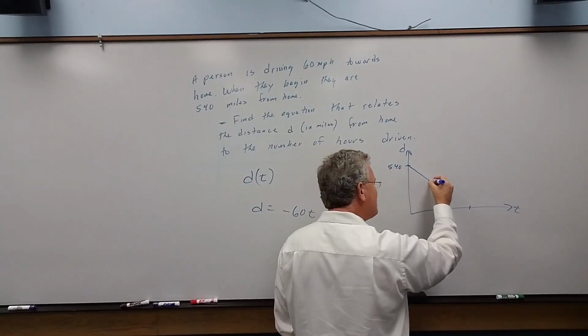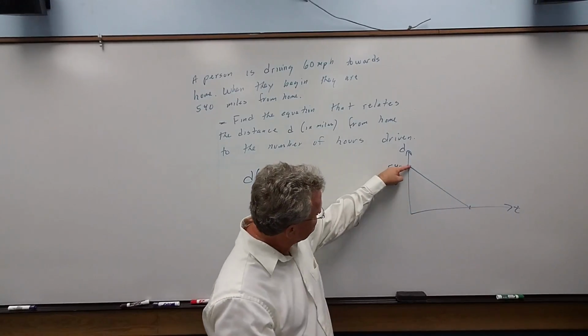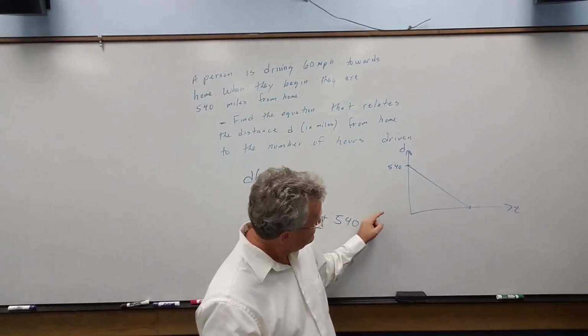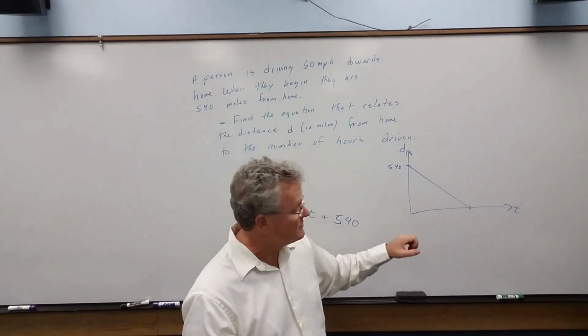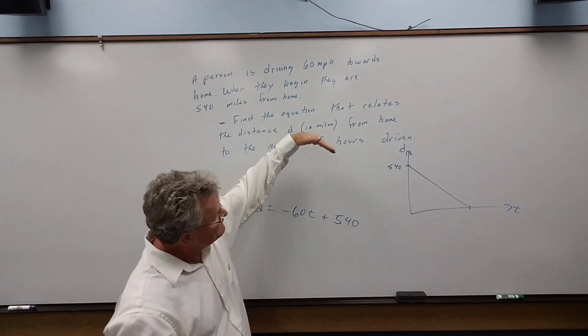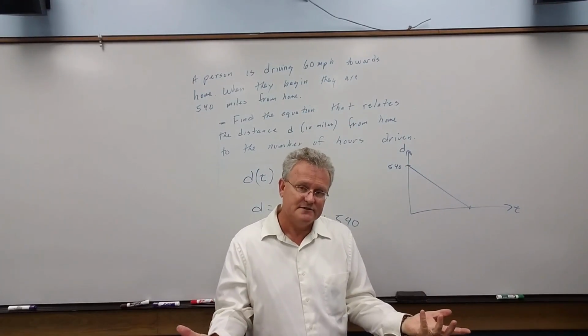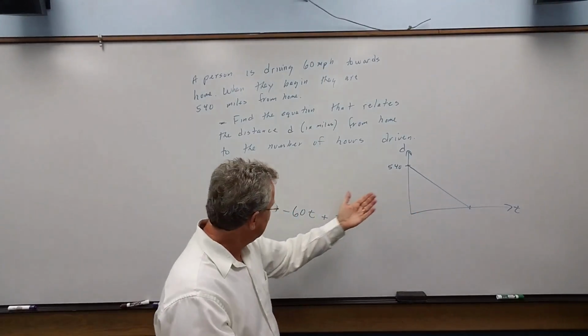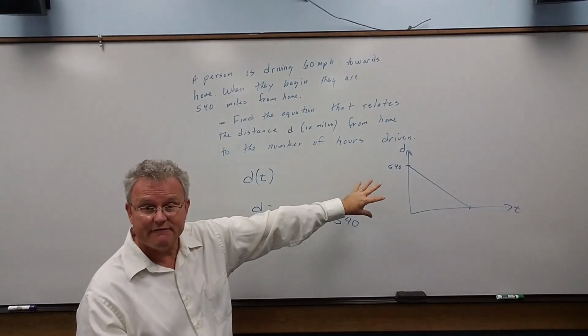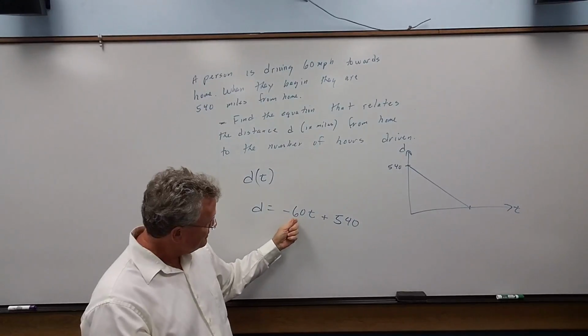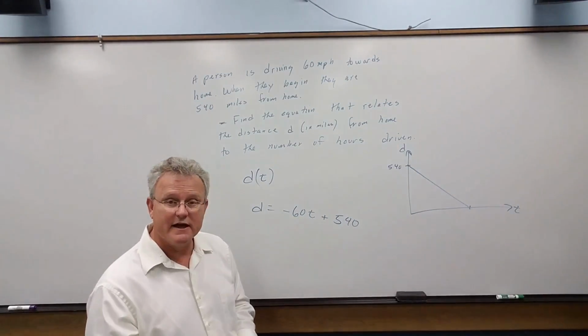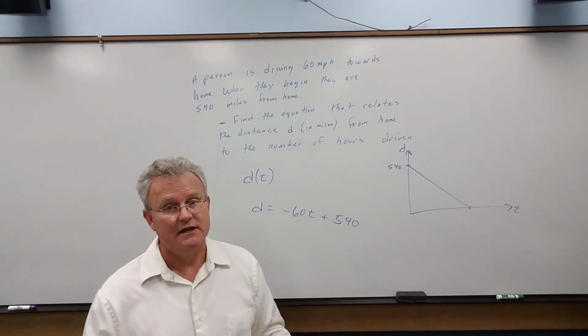And over time, we're getting closer. The distance is decreasing as the time moves forward. So this shows us, because the line falls to the right, our slope has to be negative. So it connects the graph and the picture and so forth with the reason why that slope is negative 60 and not positive.